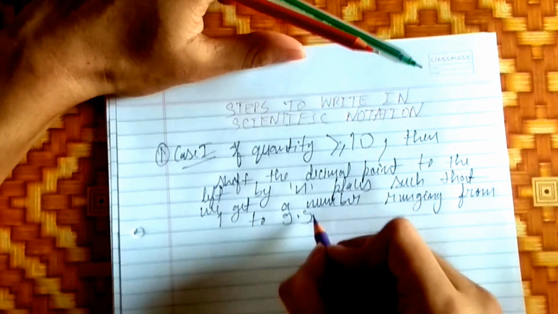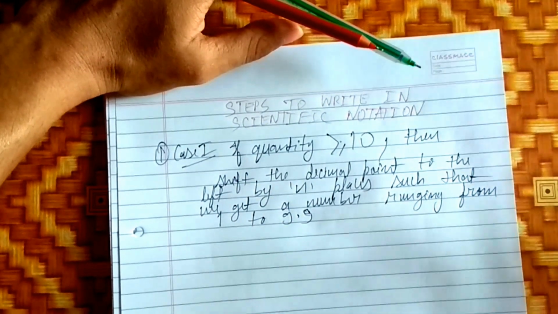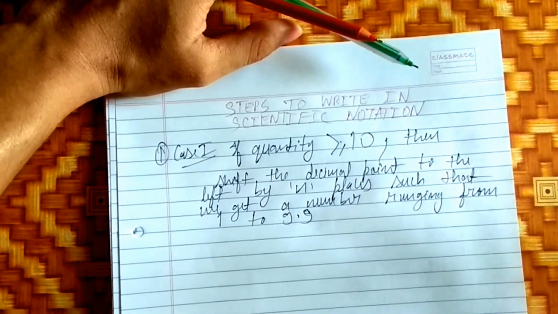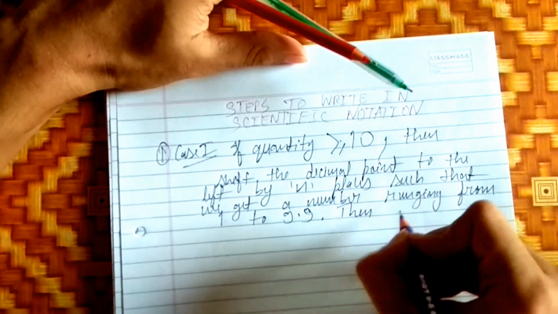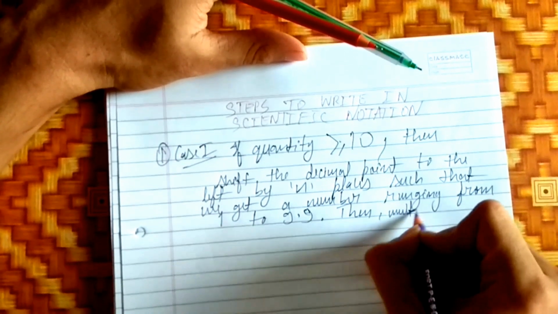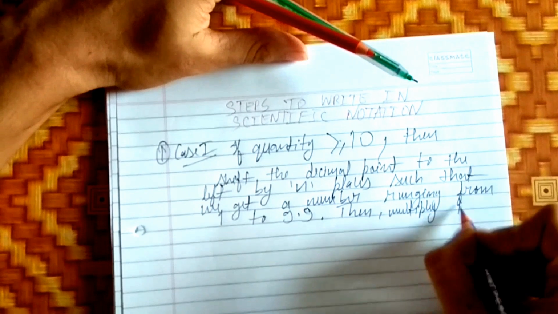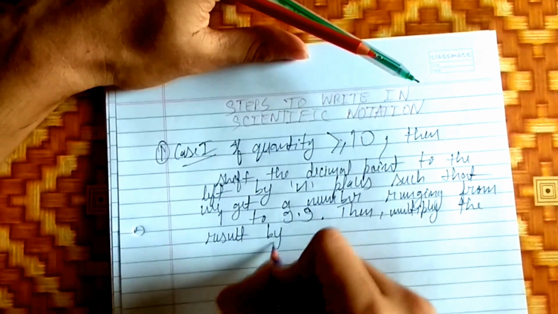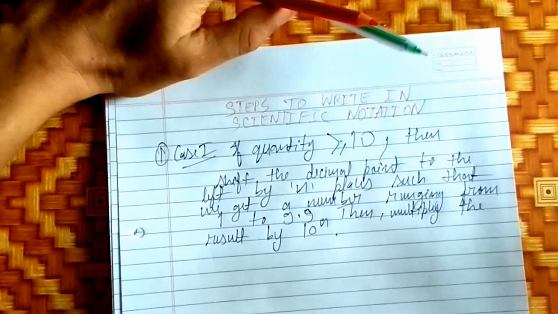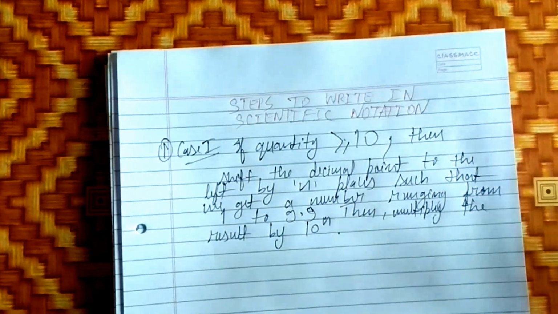Then multiply the result by 10 to the power n. Now let me explain it with the help of an example. Don't worry, I will explain.